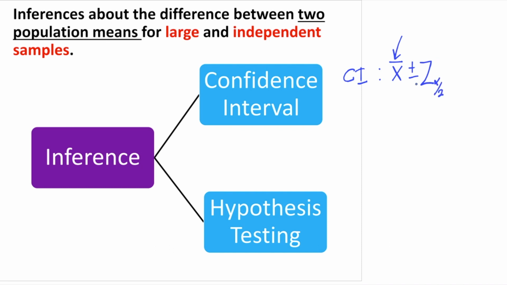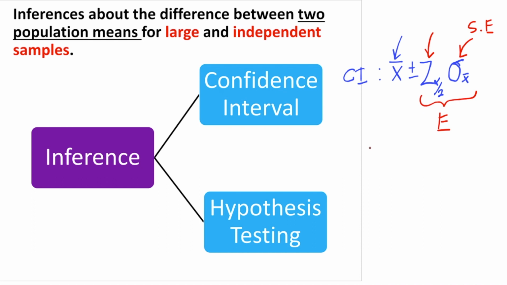We are going to use the normal distribution for large samples and sigma x bar. If you also still remember, z sigma x bar is also called the maximum error, and sigma x bar is called the standard error, and z alpha over 2 is called the critical value.